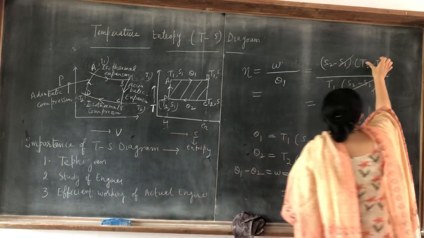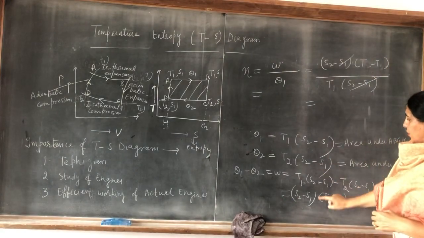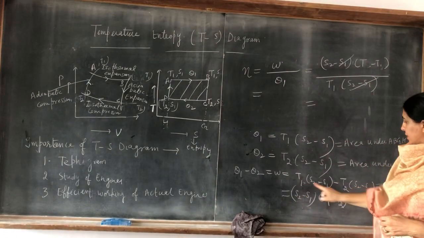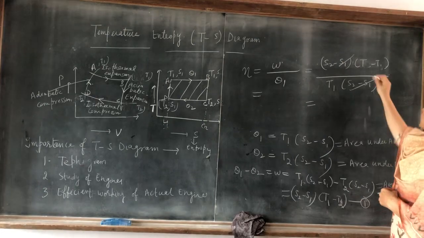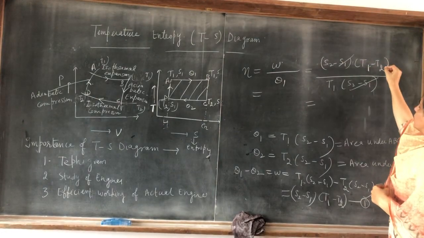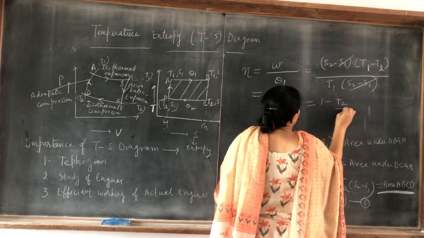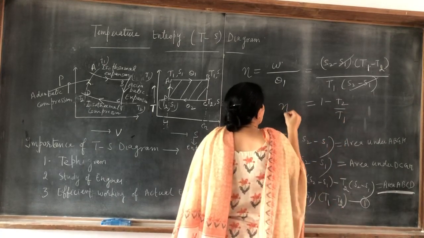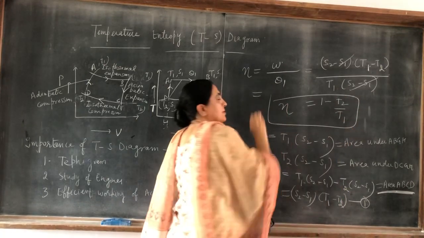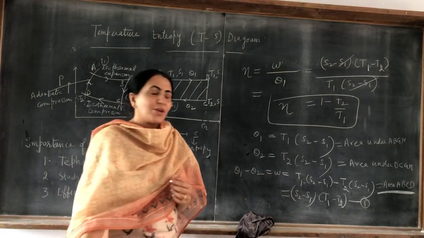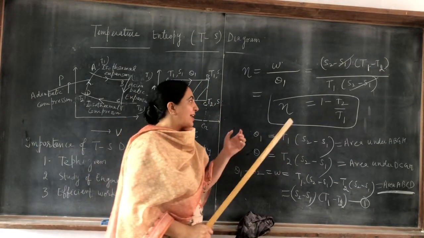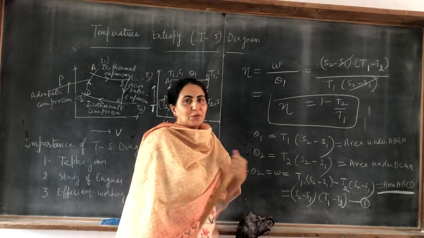Understood, children? Q1 minus Q2, so we have to put Q1 first, then Q2. So this will be minus T2. So this will be equal to 1 minus T2 over T1, and this is efficiency. Clear?